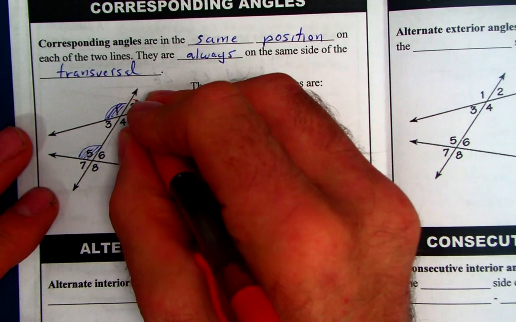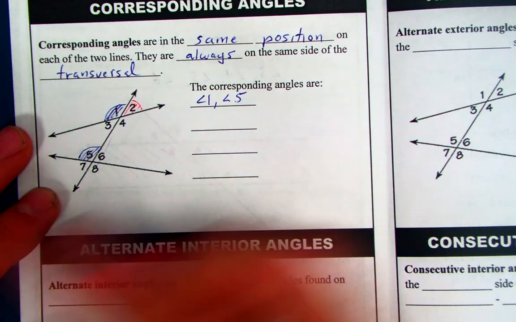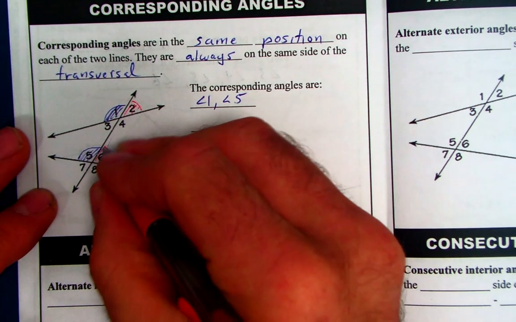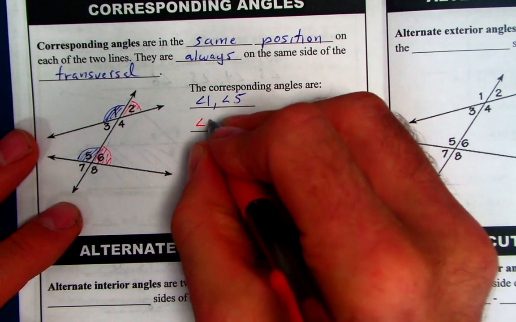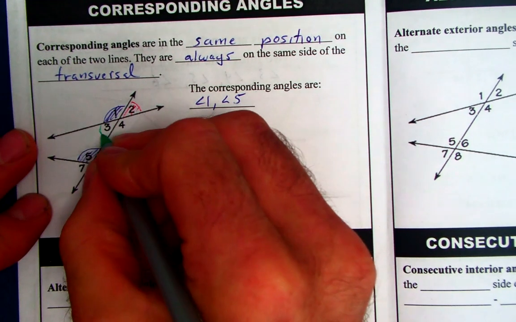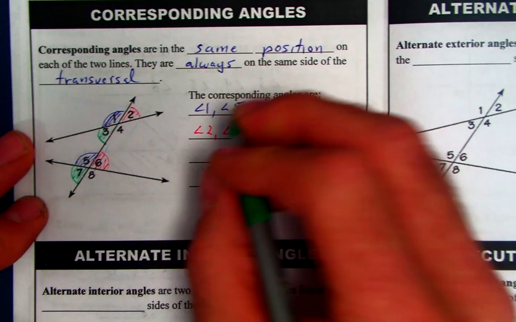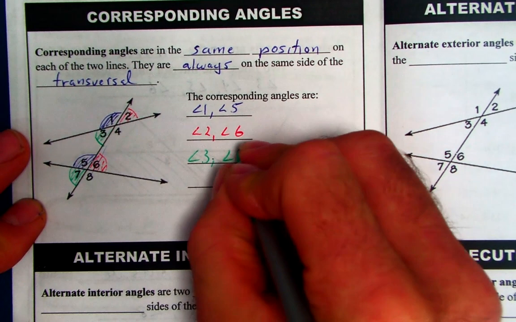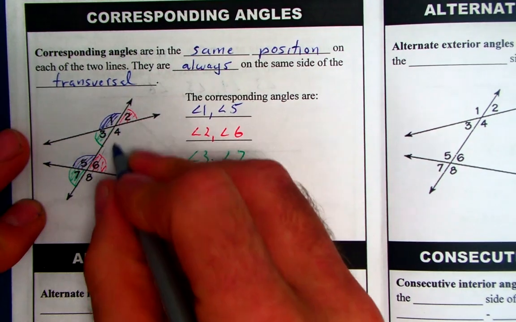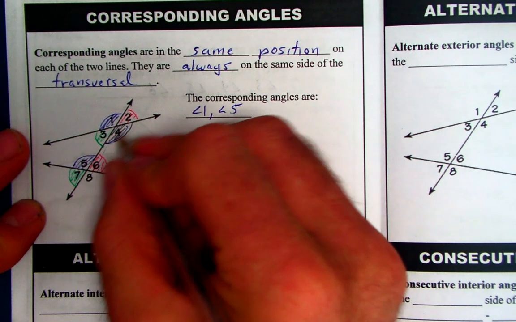Okay, let's look at angle 2. Well, angle 2 is to the right and above, and angle 6 is to the right and above. So those two are corresponding. Angle 3 is to the left and below, and angle 7 is to the left and below. And then angle 4 and angle 8.